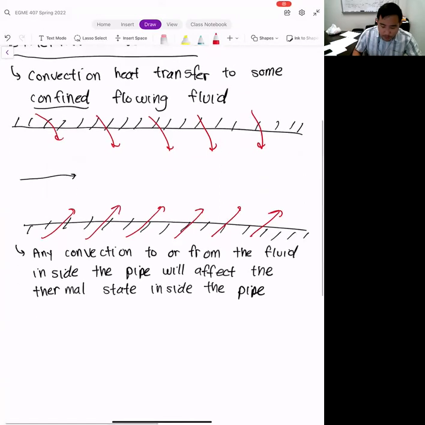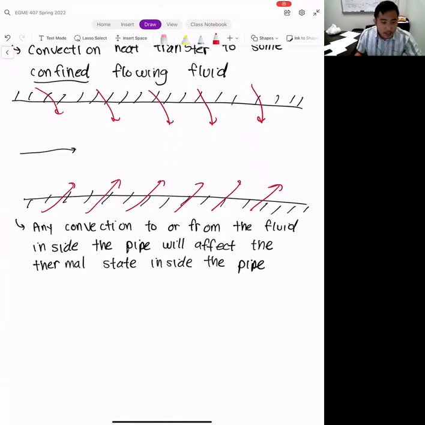What this statement at the bottom here is basically saying is that the temperature is going to change.